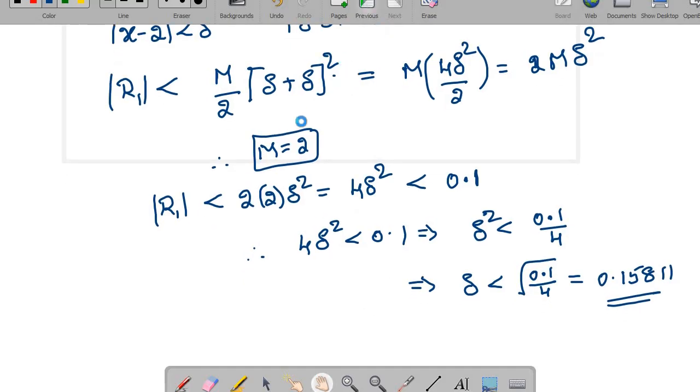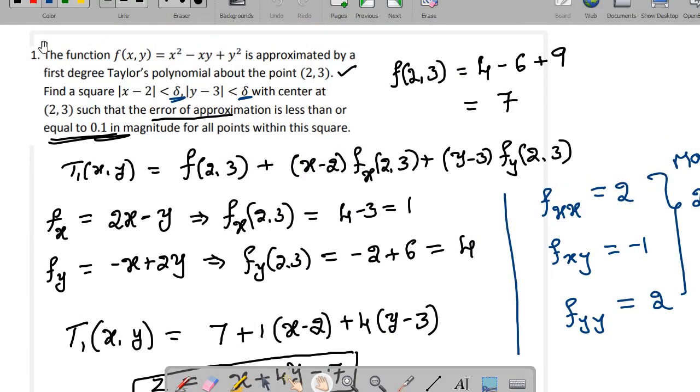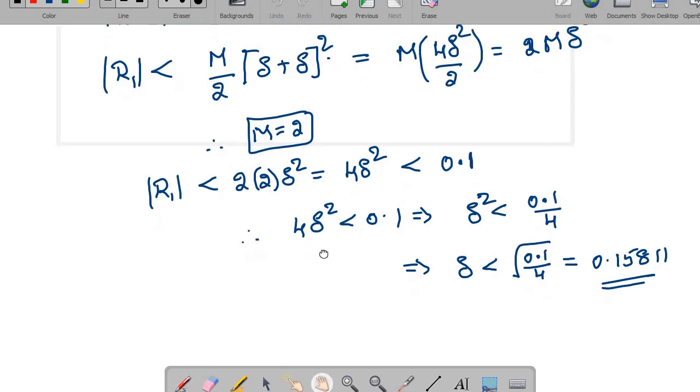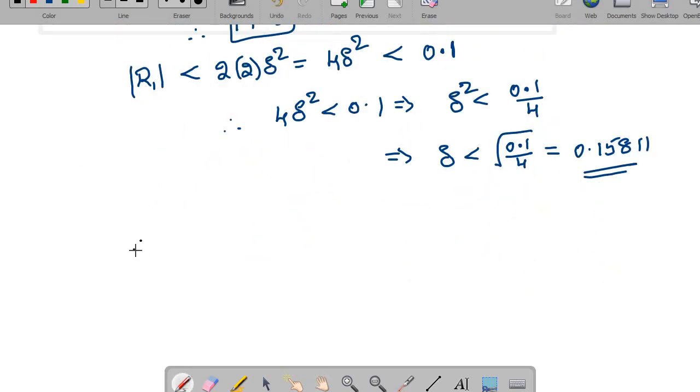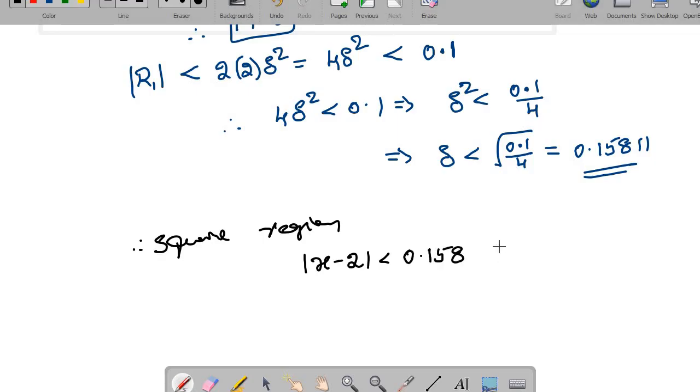They're asking us to find the square region. So the square region is |x minus 2| less than 0.158 and |y minus 3| less than 0.158.